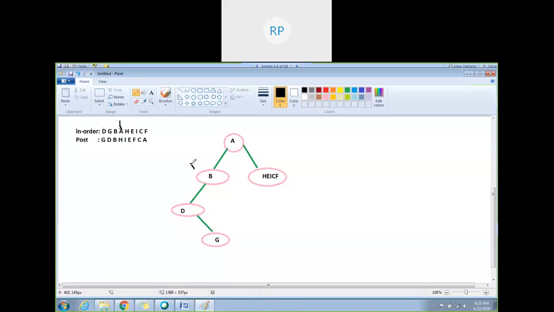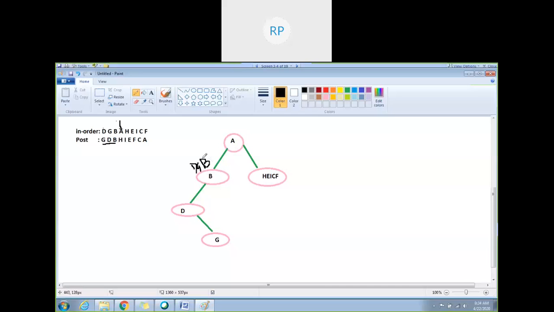Now, DGB can come on the left side. Now I want to again construct a tree from this. Among these three elements, DGB, I'm checking which element I visited last. Obviously, B I visited last.